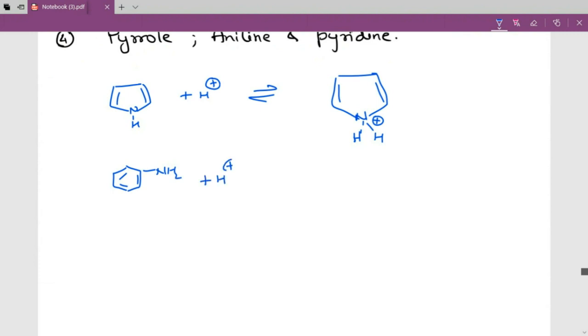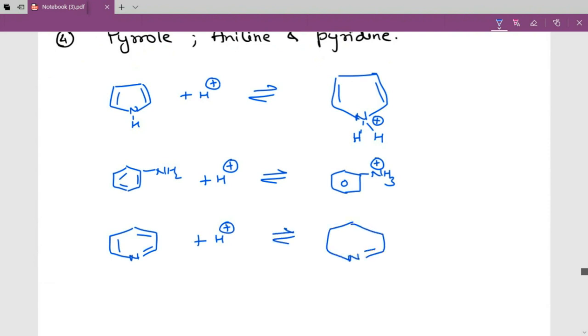If I lose the aromaticity, certainly this equilibrium will be pushed towards the backward direction, because from aromatic to non-aromatic, the structure is becoming unstable.